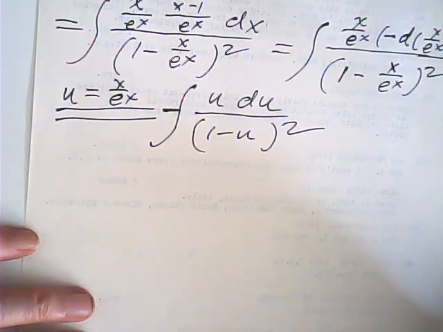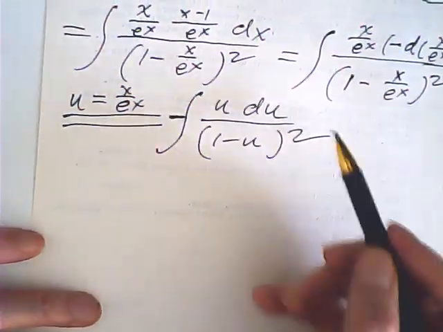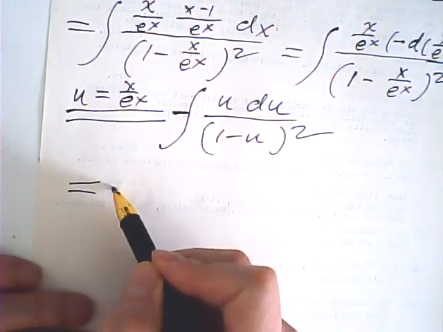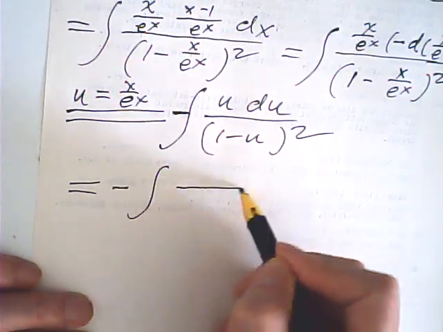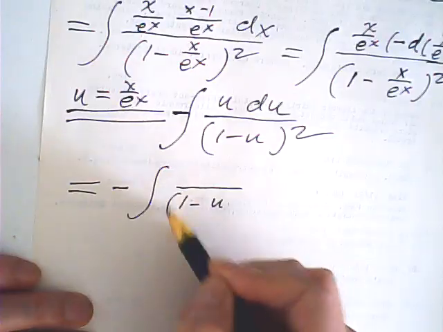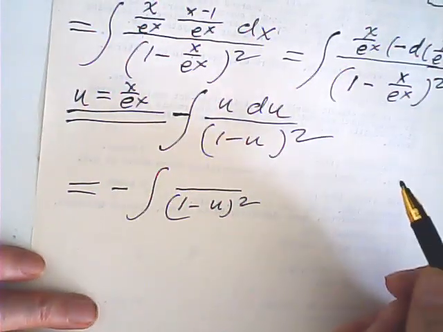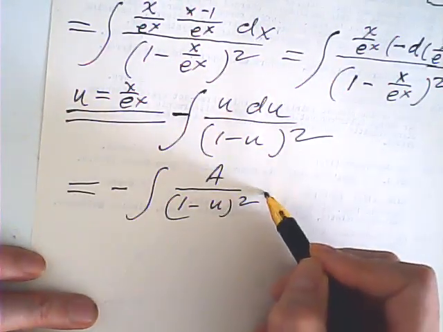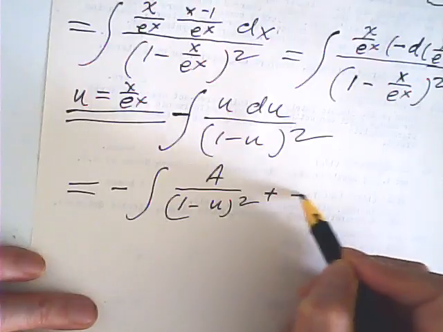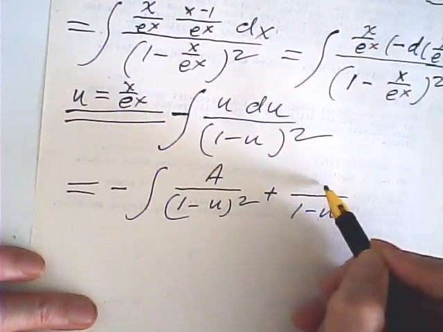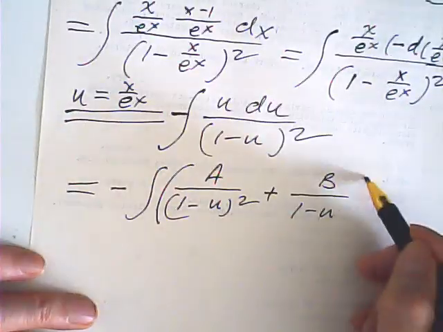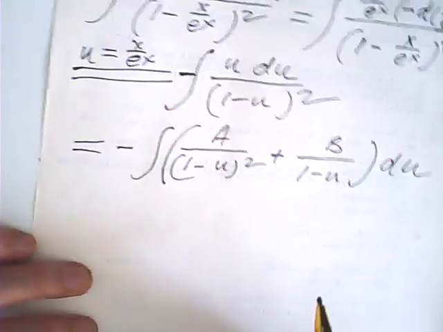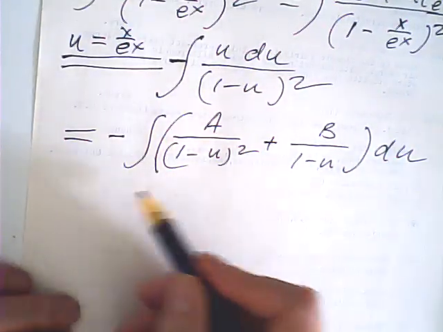Yeah. How do we read this one? Of course, partial fractions. Negative, this is 1 minus u squared, right? And this is A over 1 plus u, plus B over 1 minus u, right? This you must be familiar with.